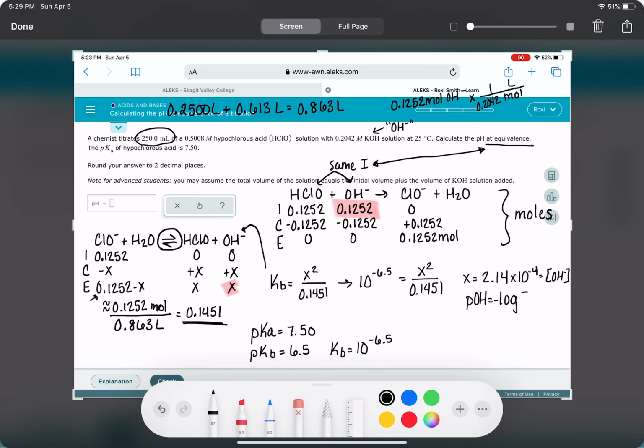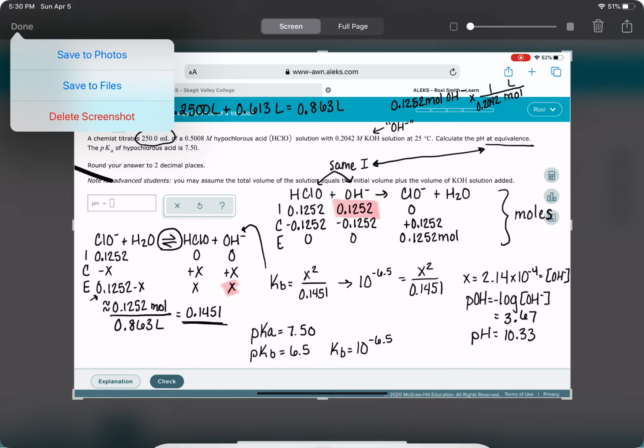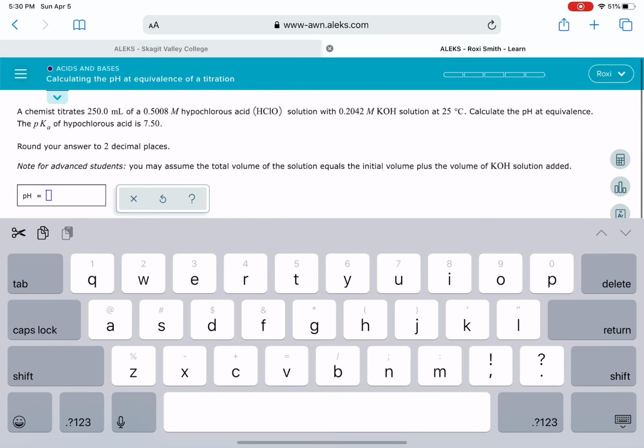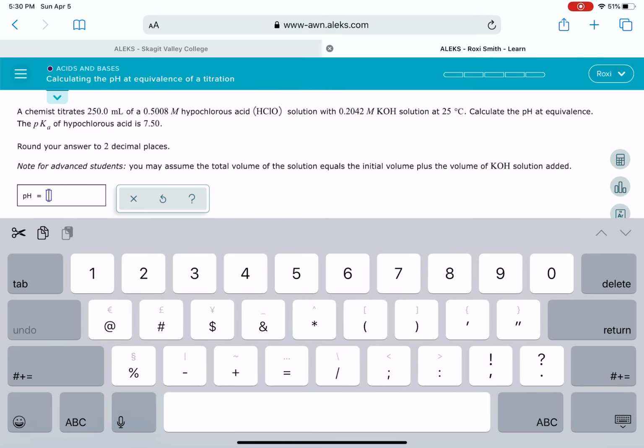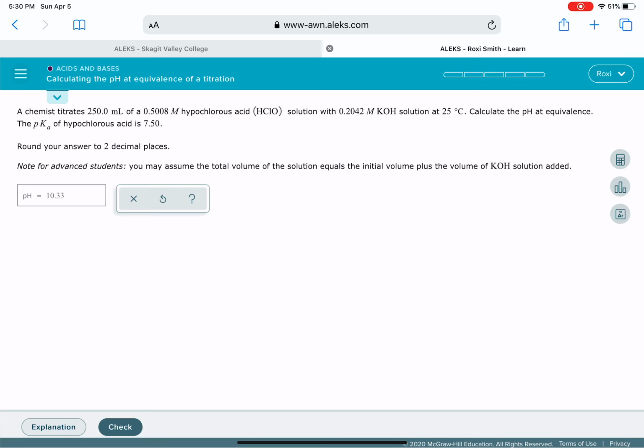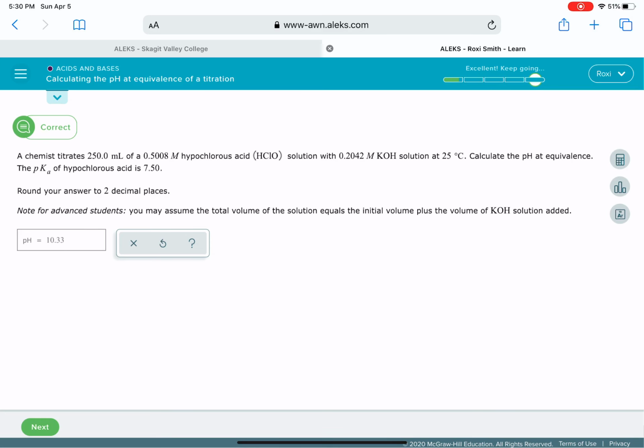The pOH is the negative log of the OH minus. 3.67, and from that we can get the pH. 10.33. Let's see what we get. 10.33. Whoa, thank goodness.